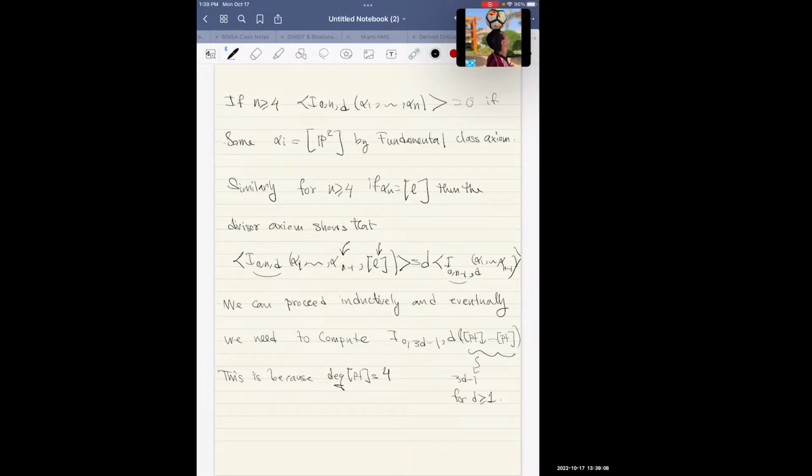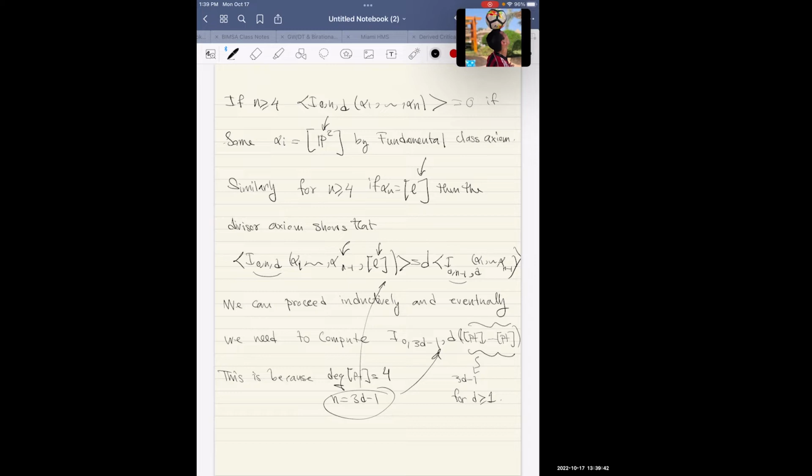And then this tells you that you will be ending up with n equal to 3d minus 1 many of these things eventually. Each time that you put a class of P2, you will get 0. Each time you get a class of a line, you can relate it to one degree less, and then you're left with the class of the point. So this is why I'm saying we can proceed inductively and then compute eventually this class.